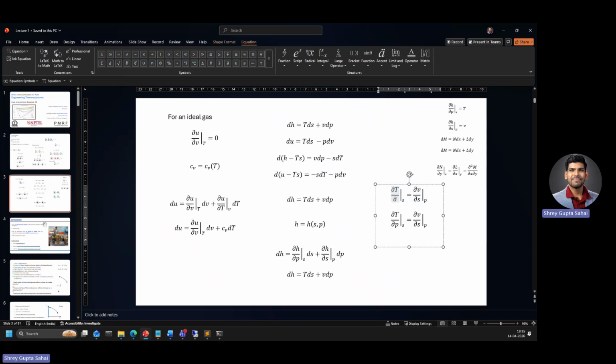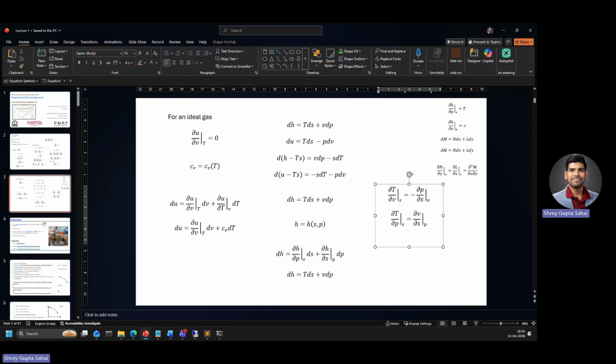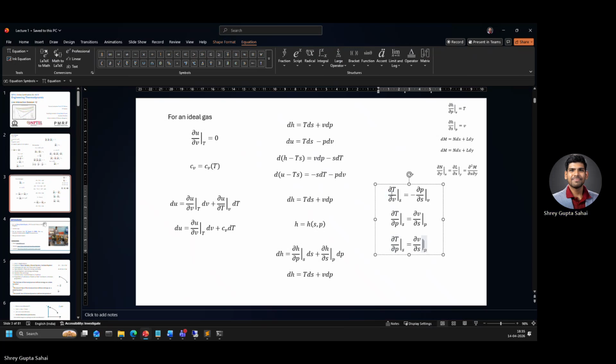So the first one is actually del T by del V at constant S. This is minus del P by del S at constant V, right? And the other one is P at a constant T with a minus sign.